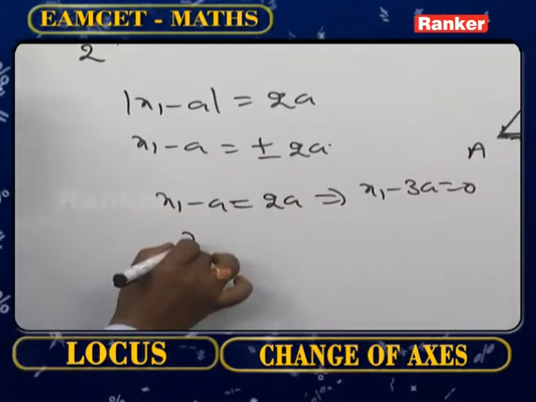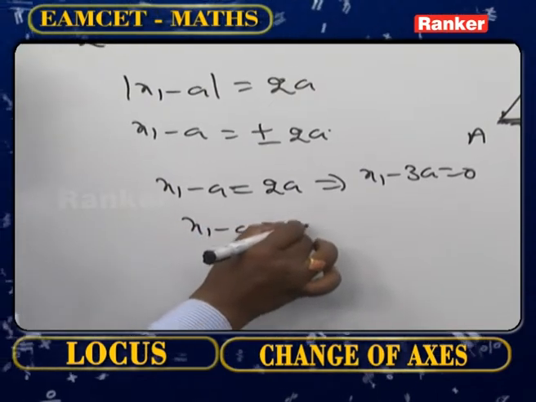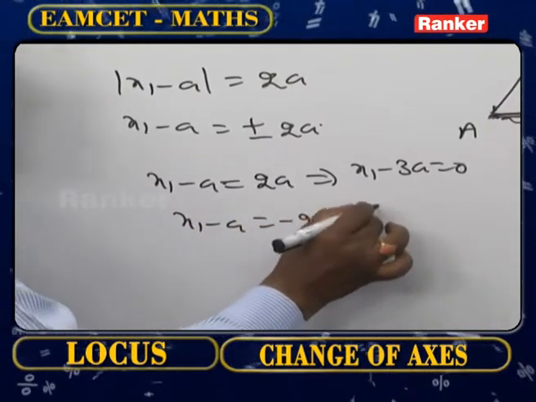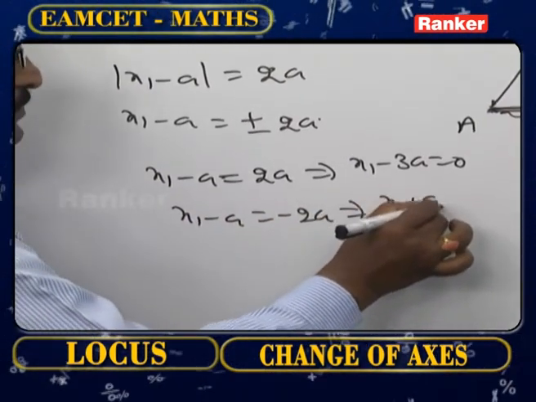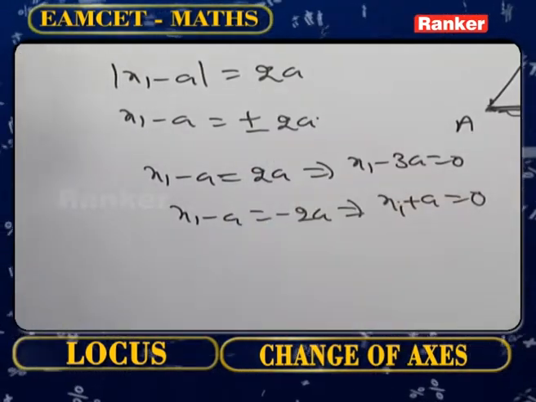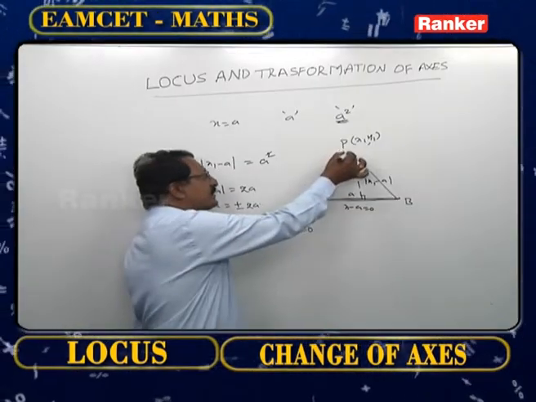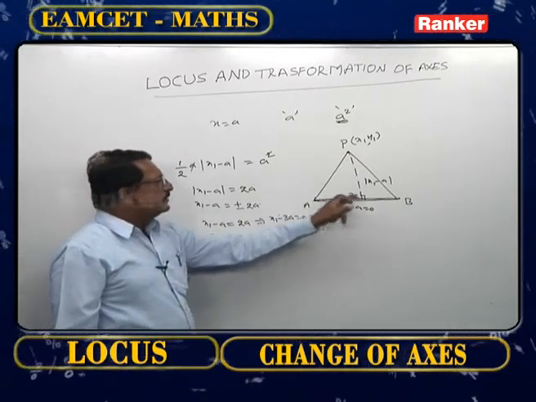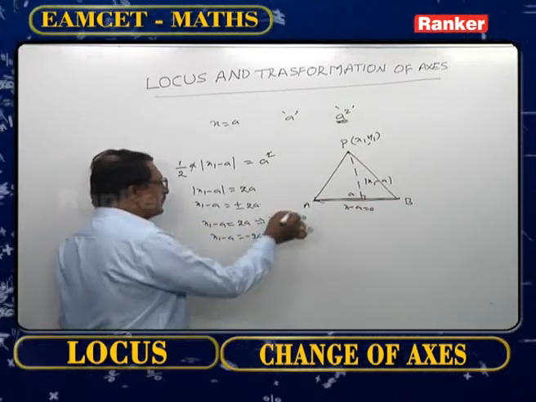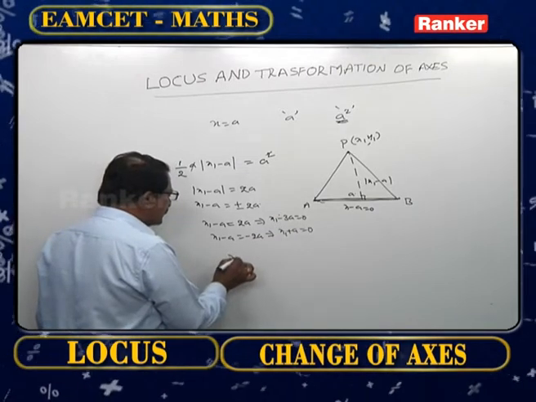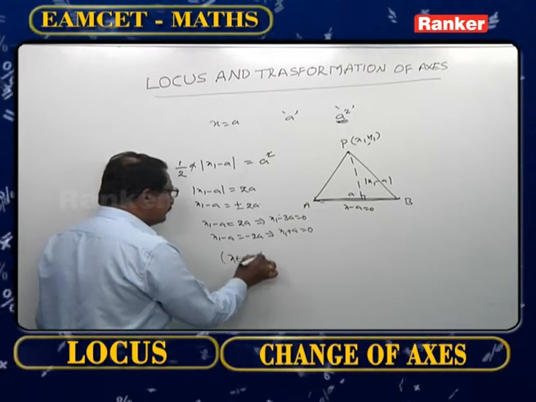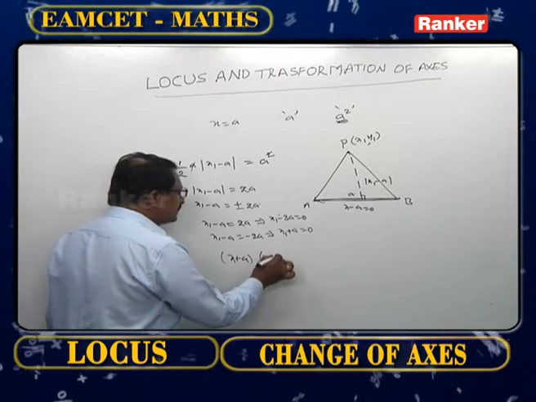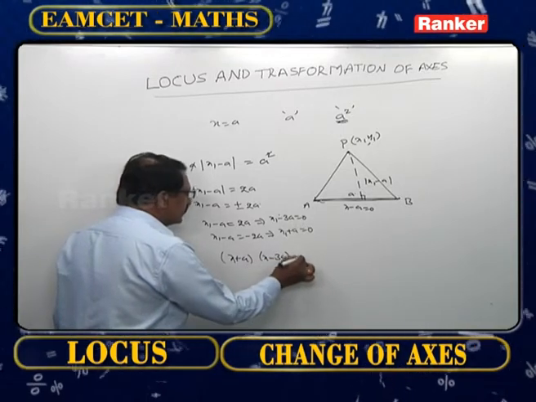Similarly, with the minus sign, x1 - a = -2a, which implies x1 + a = 0. Now the locus of the point P(x1, y1) is two straight lines. These lines are parallel to the given line. Combined, the locus of the point is (x + a)(x - 3a) = 0.